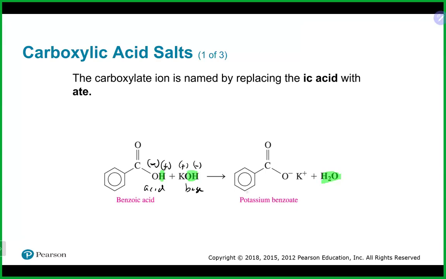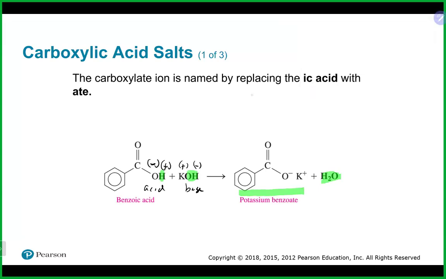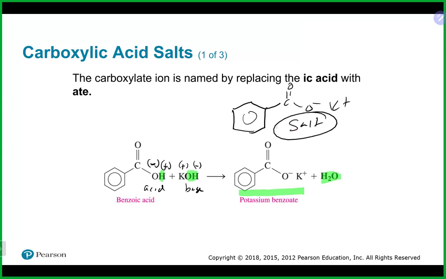And then this is what's left over, our salt in this case. Nothing really changes on the guy on the left, other than he now has a negative charge, as you can see in the picture. And that negative charge is going to be balanced out by the positive charge here, and that is again going to be our salt that is formed in this particular case.